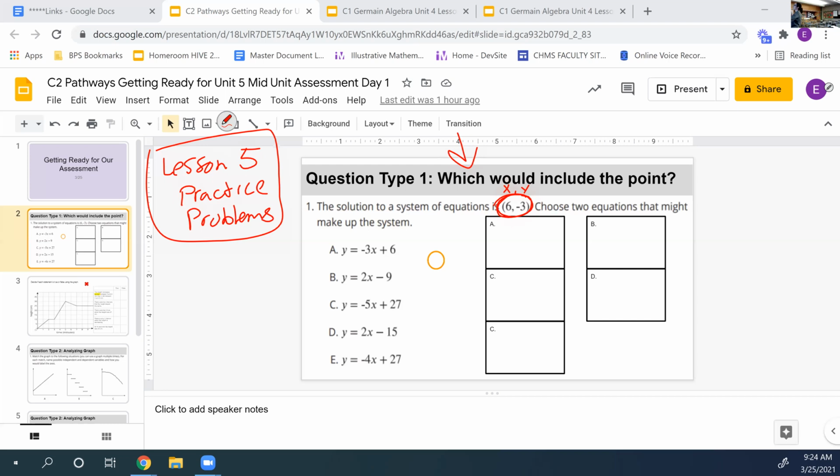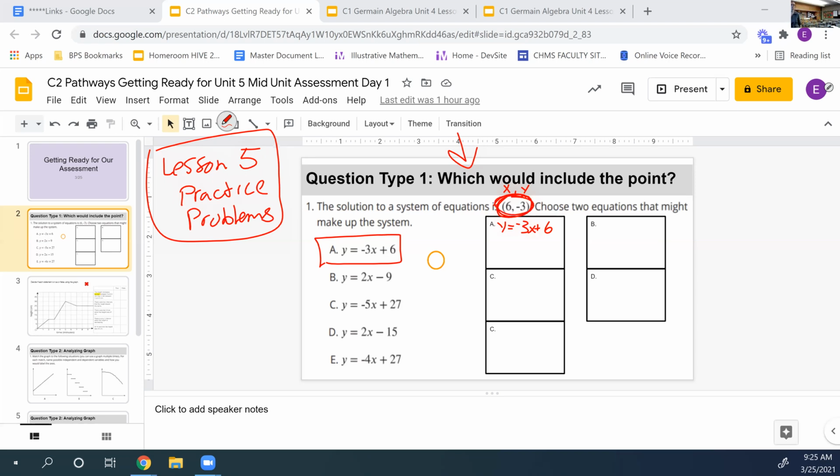So if I look at this first one, A, I'm going to plug it in and test it. I'm going to say y is equal to -3x plus 6. And I know that my y is, what's my y value in this ordered pair? We're testing this ordered pair.